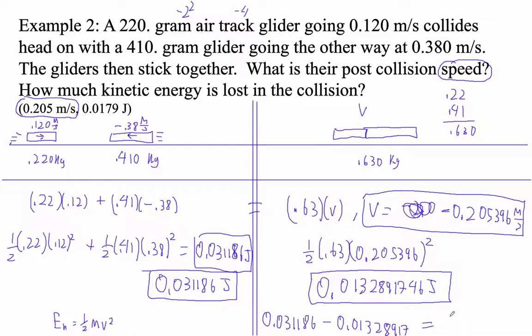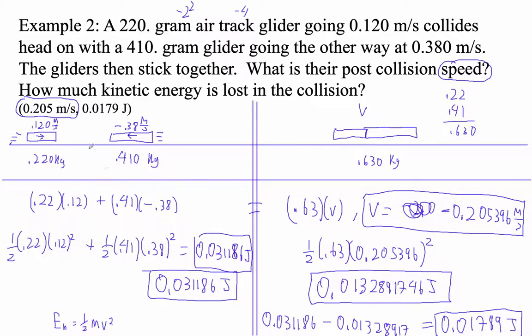They're falling asleep at home listening to this video. I'm so sorry. Okay, this is the exciting conclusion: 0.0179 joules. Because you've been such a good audience, that's the answer.